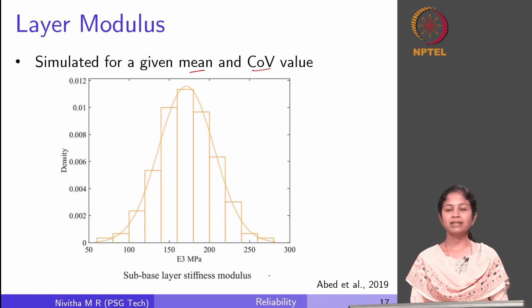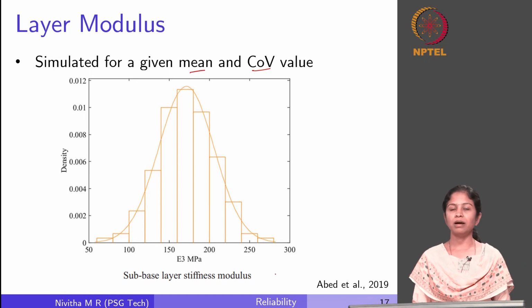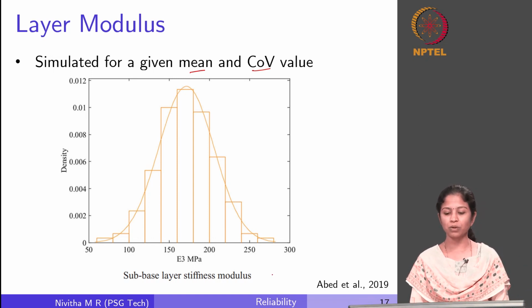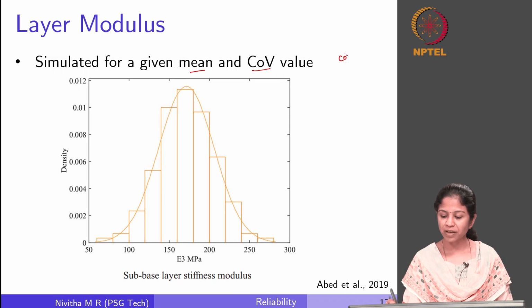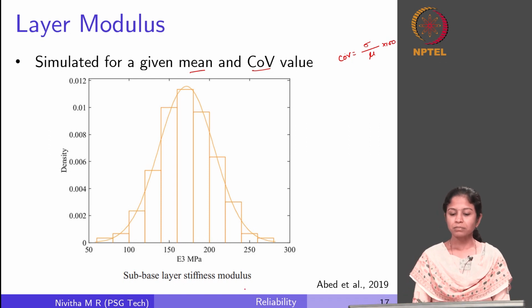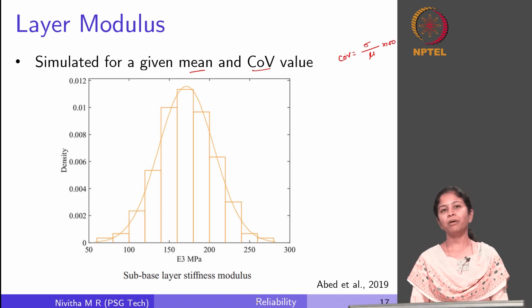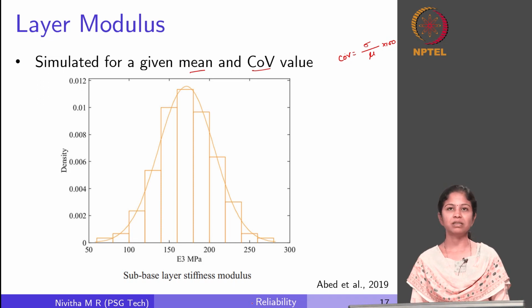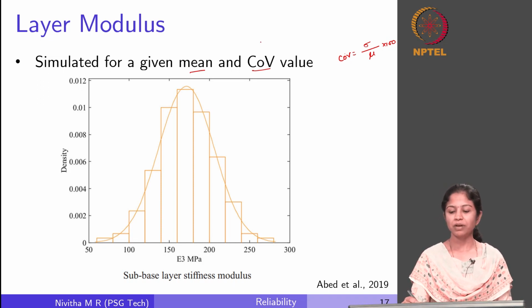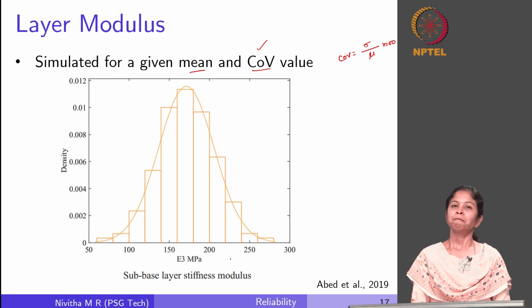Using the mean and standard deviation, we compute the coefficient of variation just to have an idea of how much is the variability of a given parameter with respect to its mean. This coefficient of variation is usually defined as the standard deviation divided by mean into 100. So the amount of variability that we see in a pavement system is quantified in terms of this coefficient of variation, and it is always associated with the mean value.